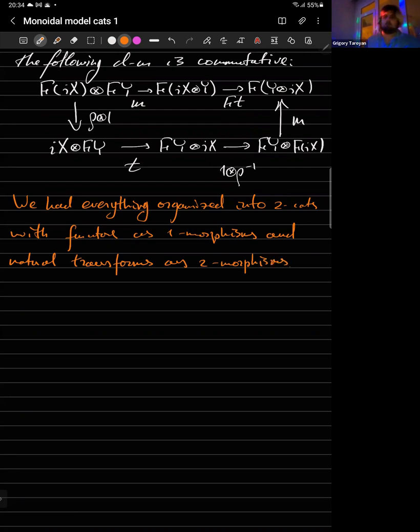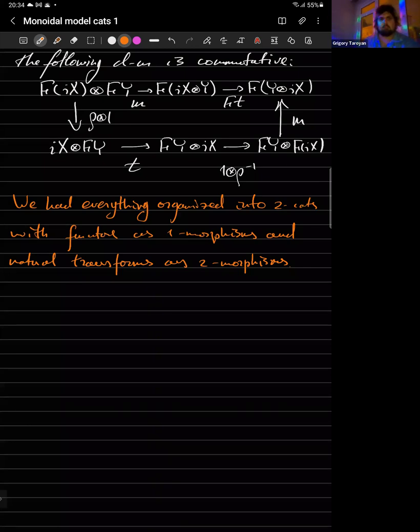But actually what we want, and that comes from the theory of model categories, is that instead of functors, we want to consider adjoint pairs of functors. So we had the Quillen adjunctions, and here we also want to consider adjunctions as morphisms.